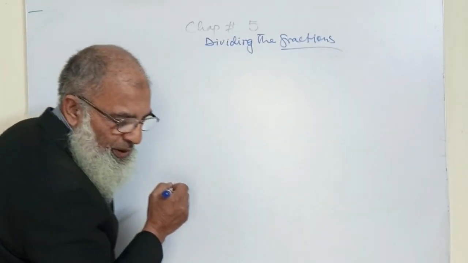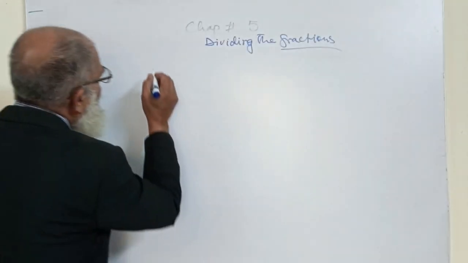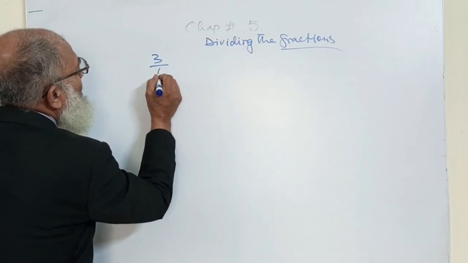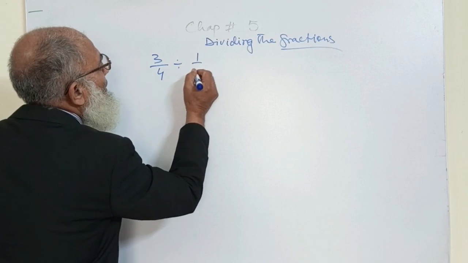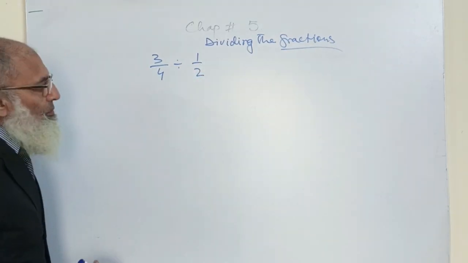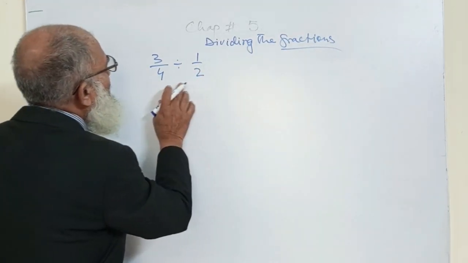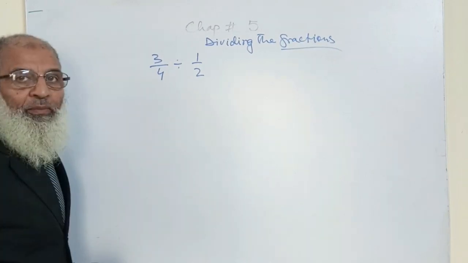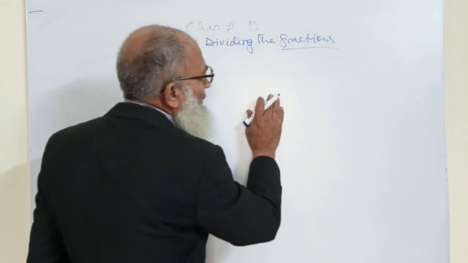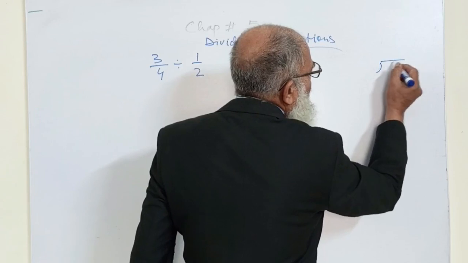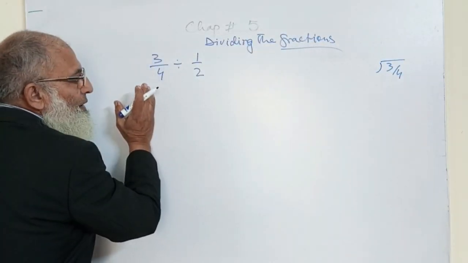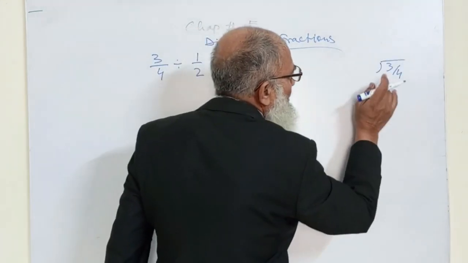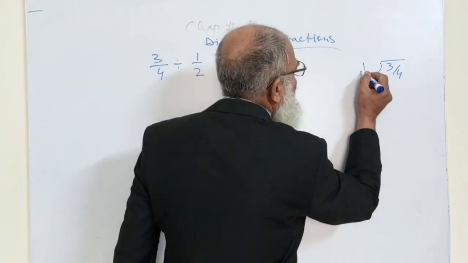Now, for example, we have a fraction which is written like this, and then there is a fraction which is written like this. So both of the fractions are being divided by each other. The easiest way to divide is, the first is the dividend and the second one is the divisor.